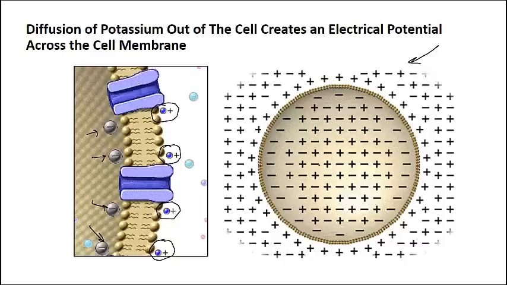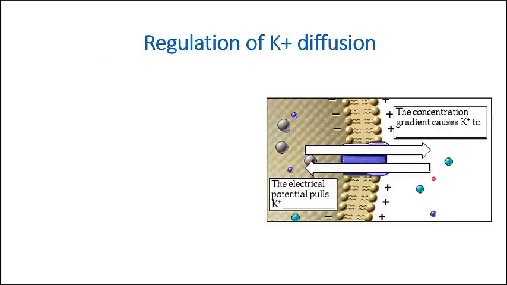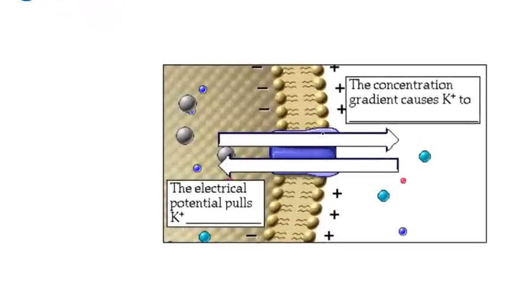Now this electrical potential will start opposing the diffusion of potassium out of the cell, because once this process starts to occur, what will happen soon? Potassium concentration will be higher outside the cell and lower inside the cell, right? Imagine that we put our cell in a bath of extracellular fluid and watch potassium diffuse out. As potassium diffuses out, an electrical potential begins to develop.